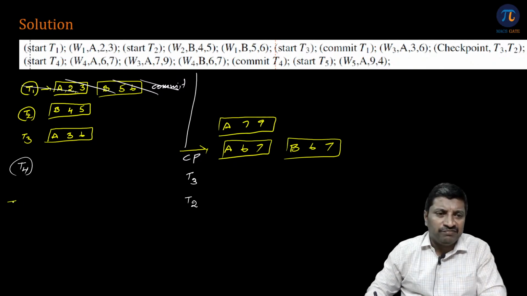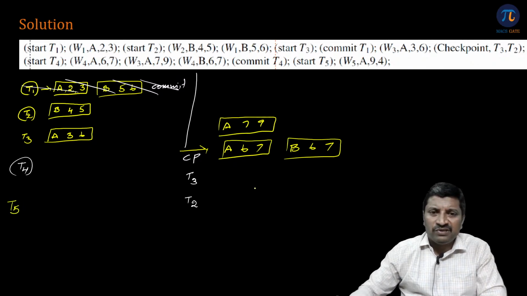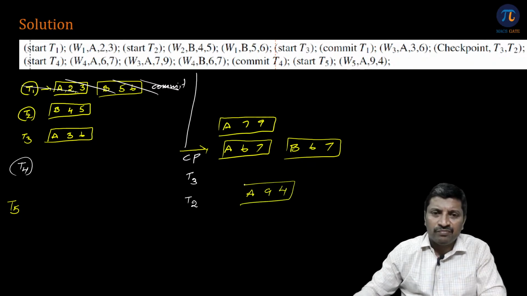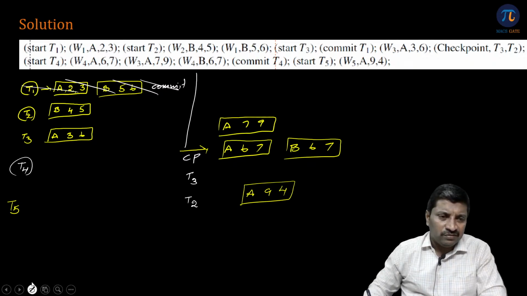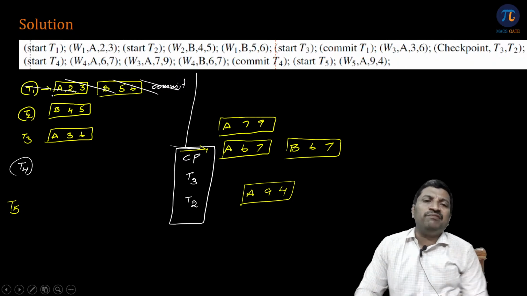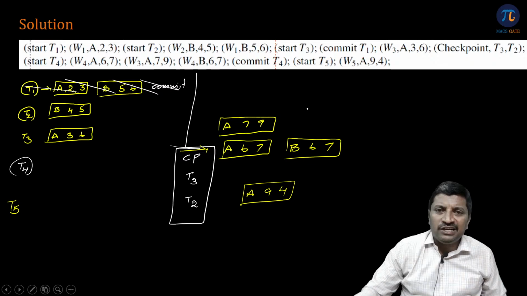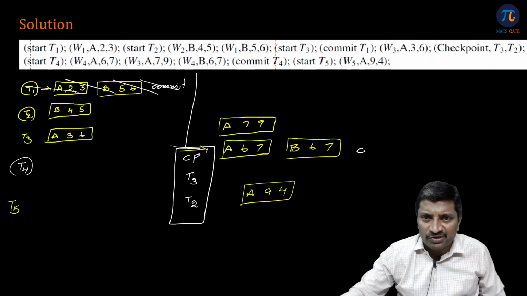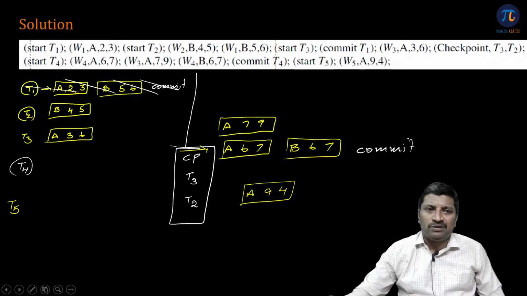Again you started T5. For T5 you wrote A 9 to 4. Right? Fine. No need of this T1, sir. Any commit, sir? For T4 I have a commit. Anything else? No, sir.